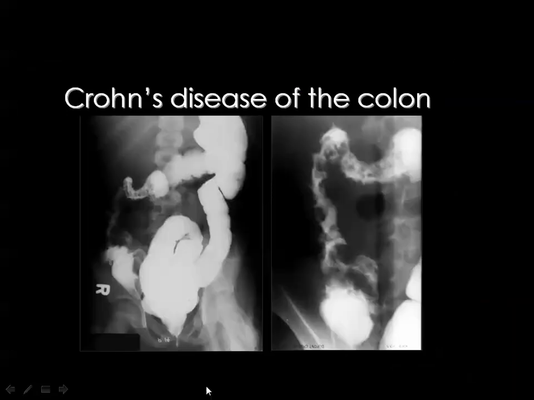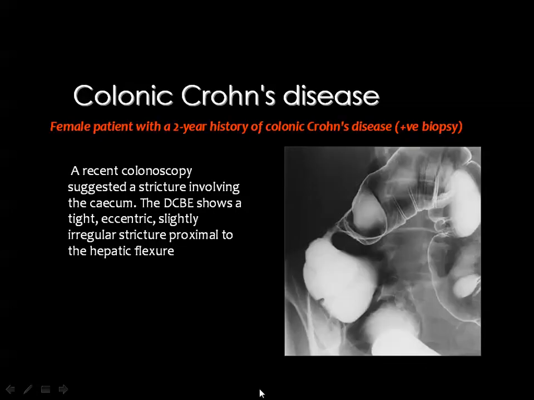Crohn's disease usually affects the ascending colon, and you can see multiple filling defects representing the pseudopolyps, as well as significant narrowing of the bowel lumen.